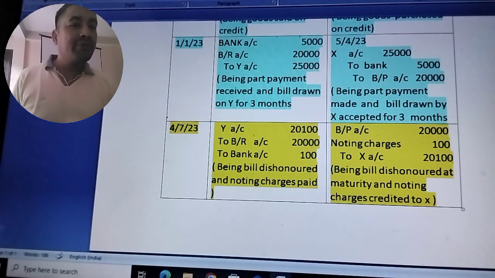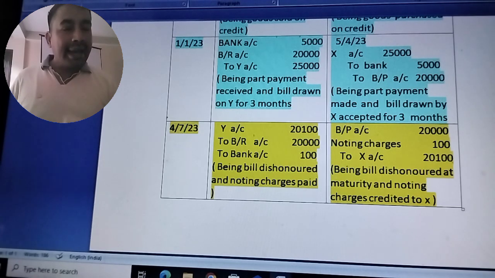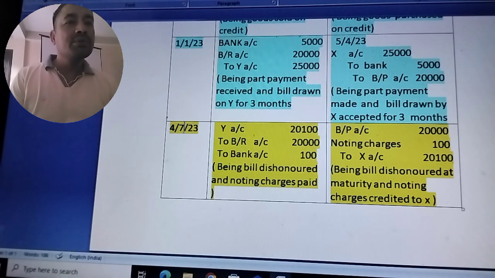That is 100 for the noting charges paid by X. So he will credit X by 20,100. So he will pass the entry as bills payable 20,000, noting charges 100, and X account credit 20,100.